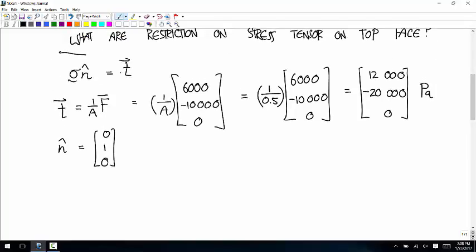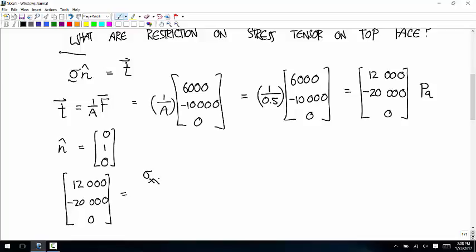And so the stress-traction relationship equation says 12,000, negative 20,000, 0 is equal to the stress tensor. We're trying to figure out some things about that, but for now we don't know anything.